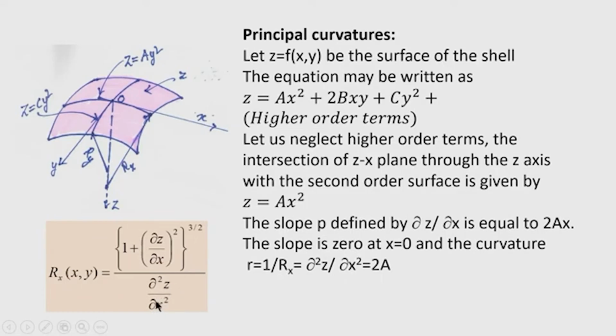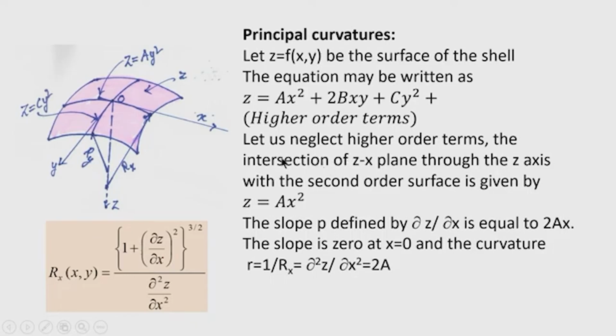So, this gives the radius of curvature of the curve that is aligned along the x direction. Similarly, we can find the radius of curvature along the y direction. In that case we have to substitute del z by del y and del square z by del y square.